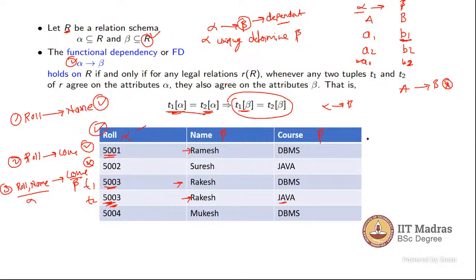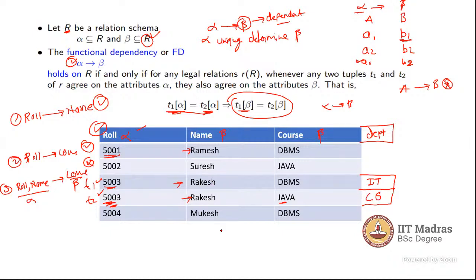Now let us add one column here, say department. I am focusing on these two tuples only, because the rest of the tuples are uniquely determining each attribute. So DBMS belongs to IT department, suppose, and Java belongs to CS department.